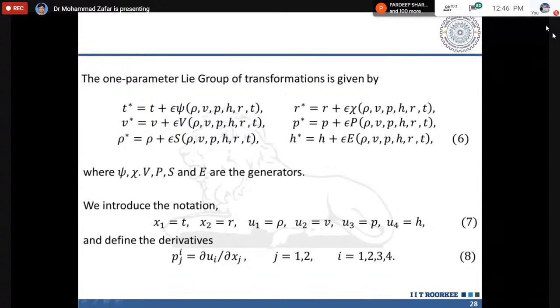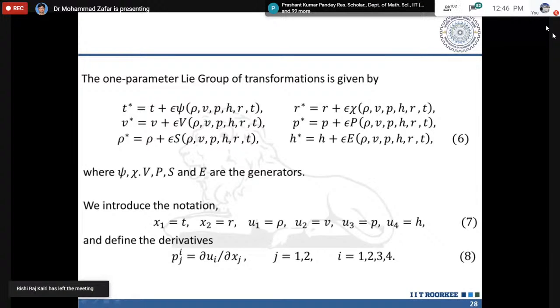The one parameter Lie group of transformations is given by equation number 6, where T star is equal to T plus epsilon psi, where epsilon is a parameter. Epsilon is a very small number. Similarly, other equations are written in the same way, where psi, chi, Vp, S, and E are the generators, which are functions of rho, V, P, H, R, T. So 6 variables are there in each of these generators.